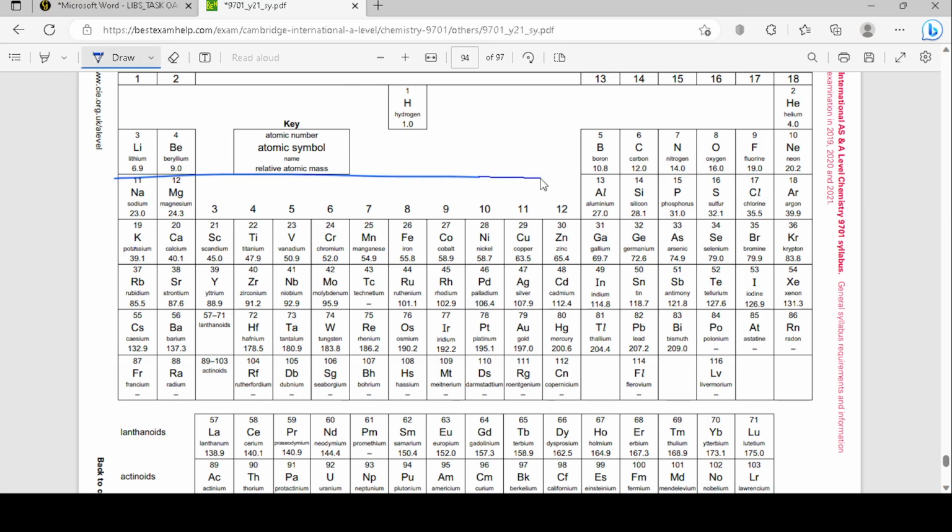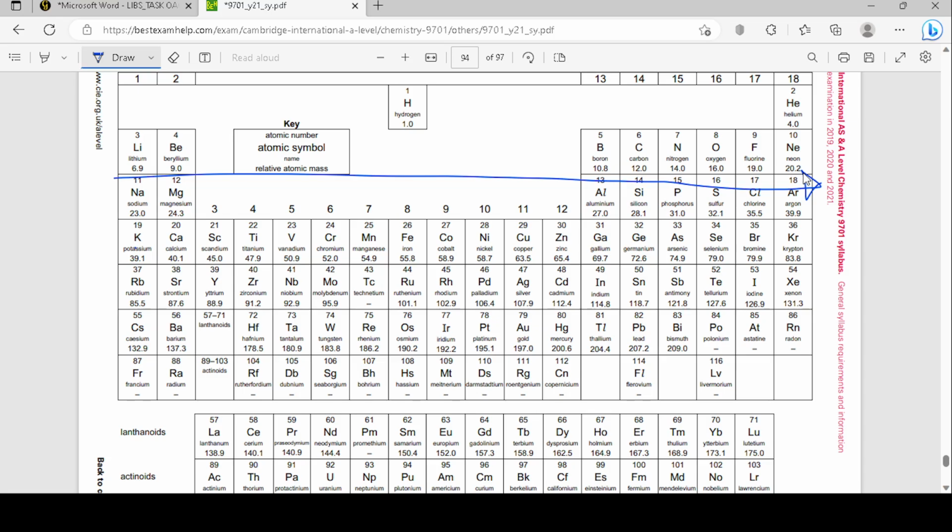across a period, the ionization energy increases because the number of shells remains the same, right? So the shielding effect is fairly constant. But as I mentioned before, because the proton number increases, the atomic radius decreases slightly, because the nuclear force of attraction across the period will increase due to the increase in proton number.